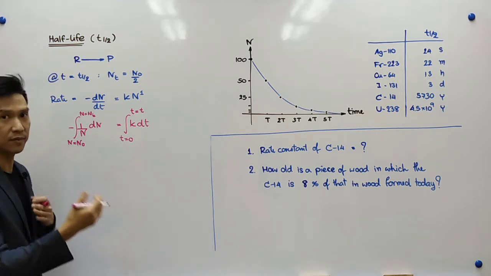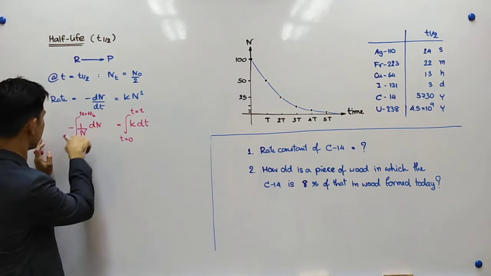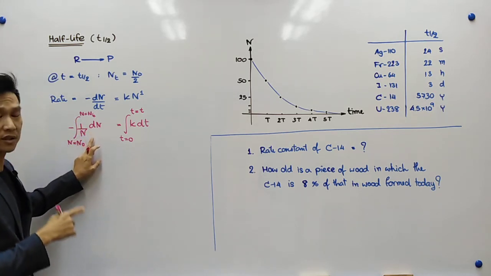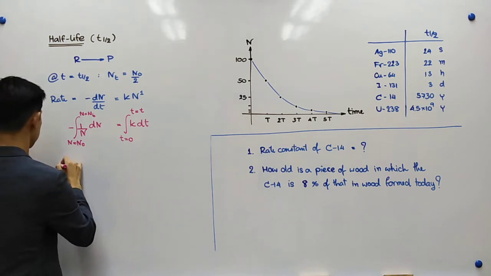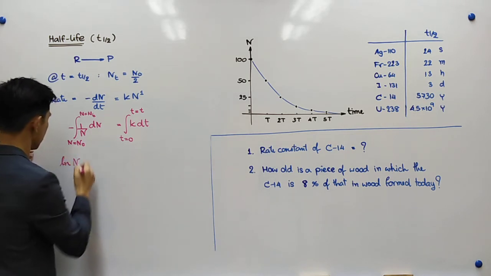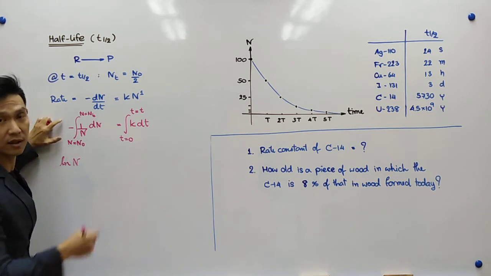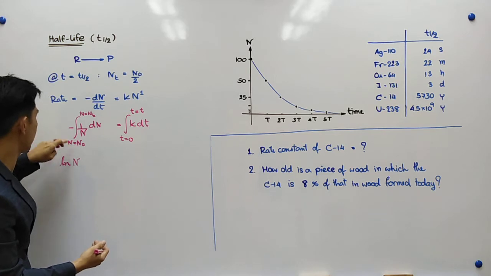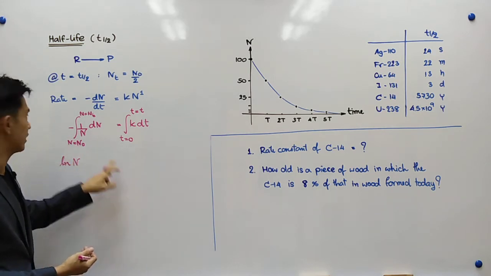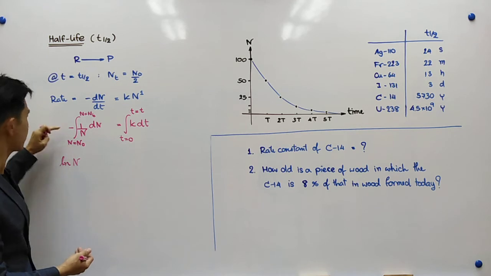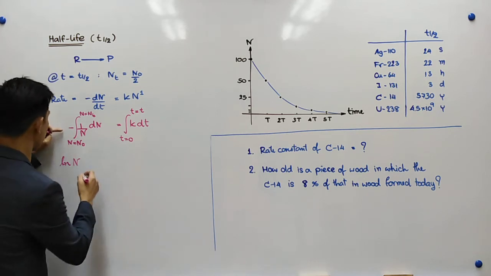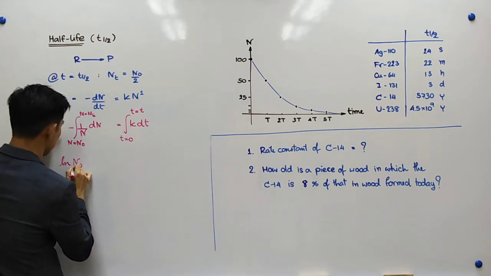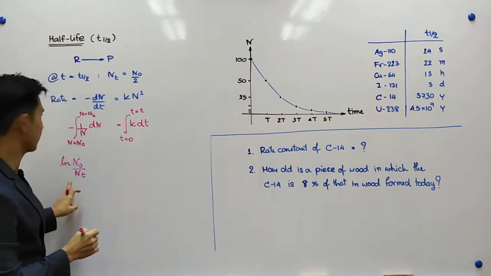With this limit, after integration, 1 over N dN is equal to ln N. Because we have the time range, it has to be ln Nt minus ln N0. But we have a minus on top here, so we have ln N0 minus ln Nt, which is equal to ln of N0 over Nt.